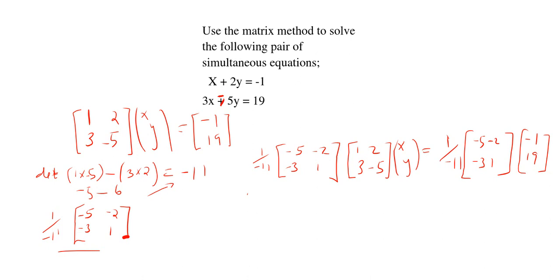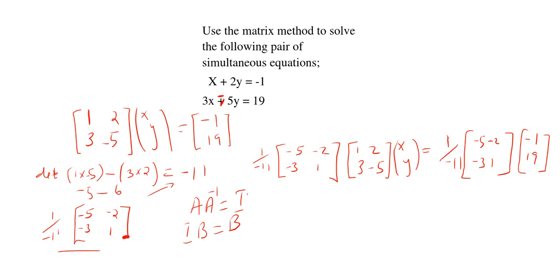Then we have some rules that we follow in matrix multiplication when you multiply a matrix and its inverse. So you should always know that when you multiply a matrix with its inverse, you get an identity matrix. And when you get identity matrix and you multiply with another matrix, let's say B, you get the matrix itself.